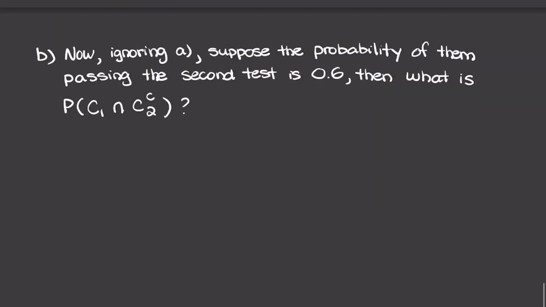So, as we said before, we know the probability of C1 union C2 is 0.9. And let's look at a Venn diagram to break this down, because we want to know what is the probability of C1 intersect C2 complement.